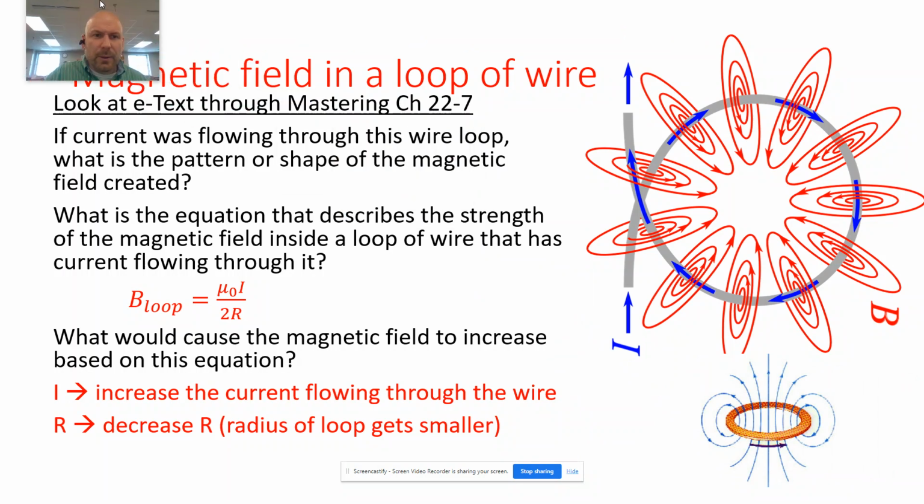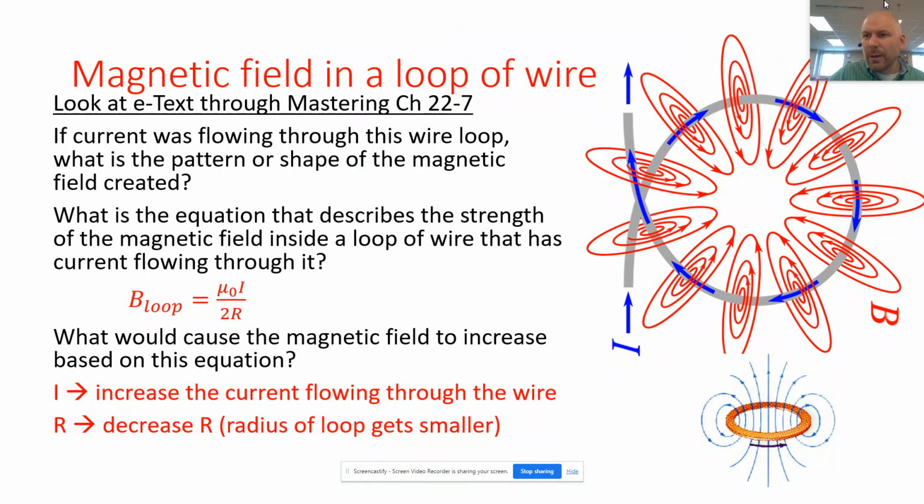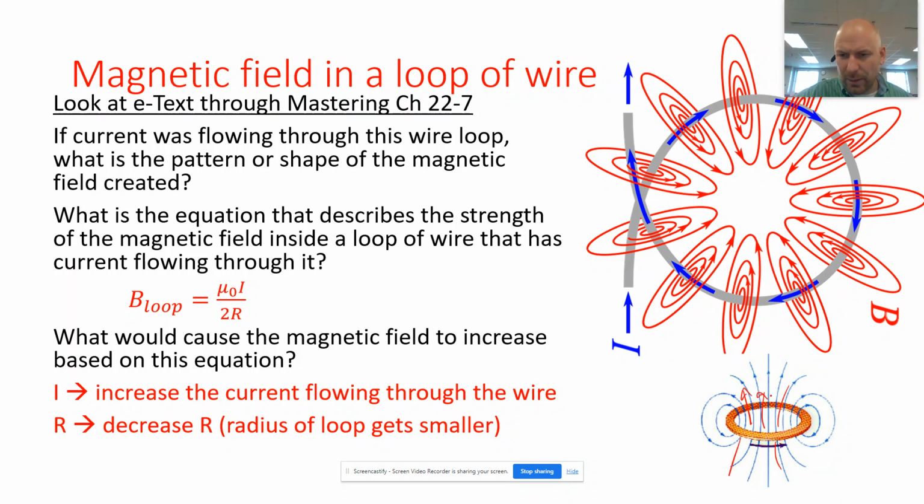You still have this curl going around the wire, but it's twisted, and the overall effect is you get magnetic field going all in the same direction in the middle, which is a huge thing. So we're adding up all that. The strength of the magnetic field at the center is going to be represented by this equation, magnetic field in a loop.